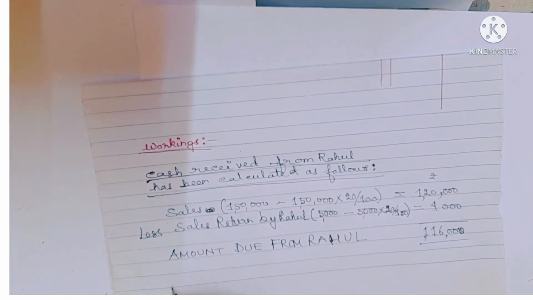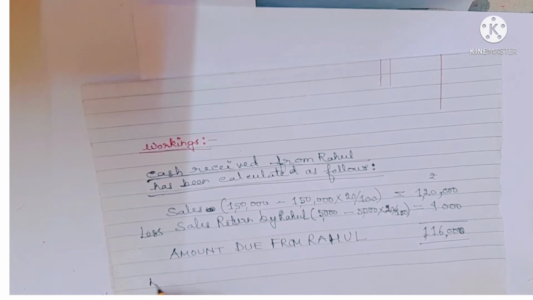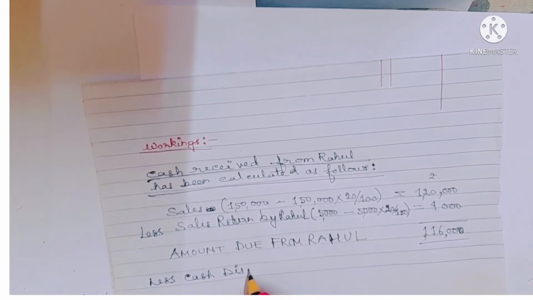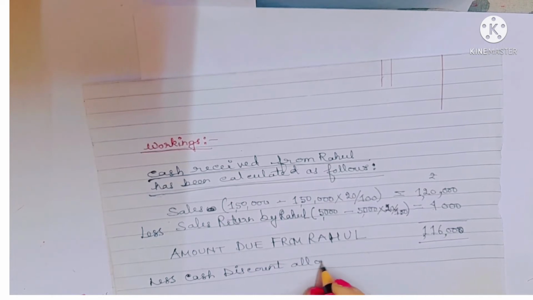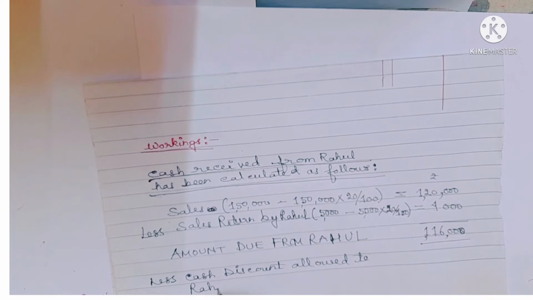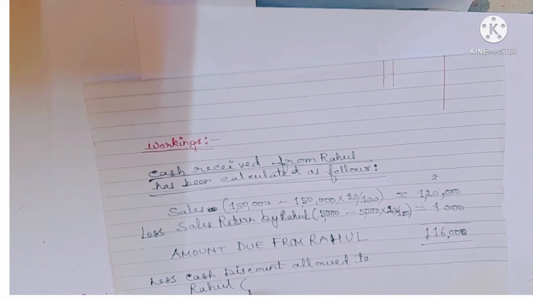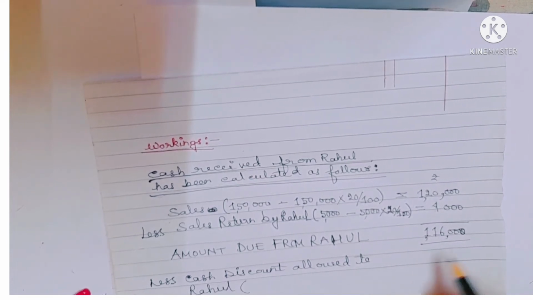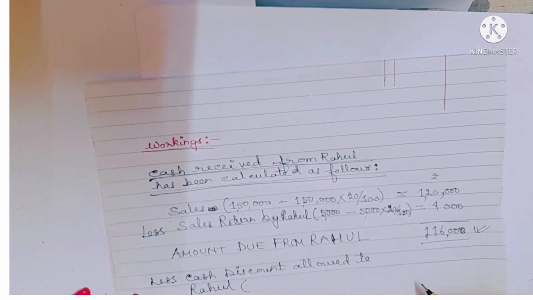So, let me calculate less cash discount. Cash discount allowed to Rahul. How much? Cash discount should be on this amount, which is the amount due from Rahul.